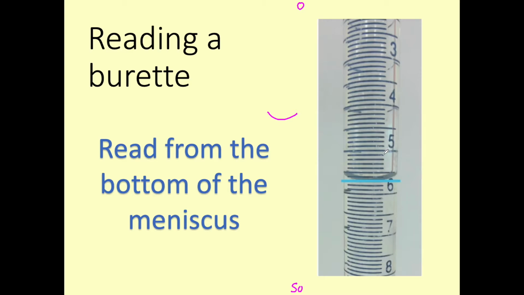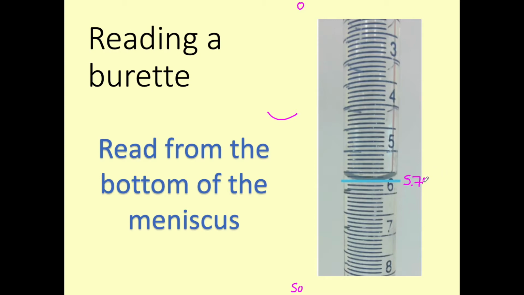So this is 5.1, 5.2, 5.3, 5.4, 5.5, 5.6, and then this one is at 5.7, 5.8, 5.9, and then this larger line 6.0. With this piece of equipment, we can see whether the bottom of the meniscus is directly on that line, or we could be able to tell whether it's sitting between those two lines.